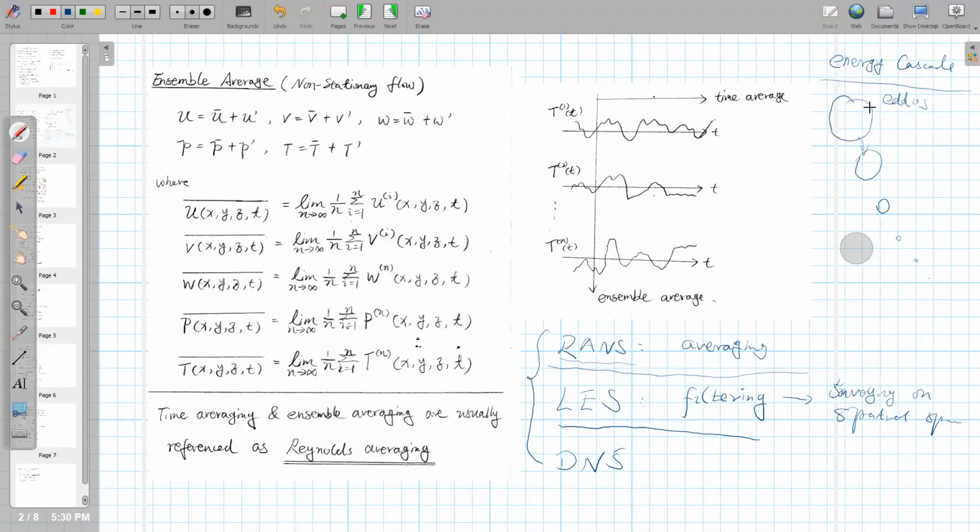It will transfer from the large eddy to smaller size eddy, and smaller to smaller, until the eddy which has a minimum size, okay. And if you're familiar with turbulence yourself, this is the Kolmogorov scale actually.